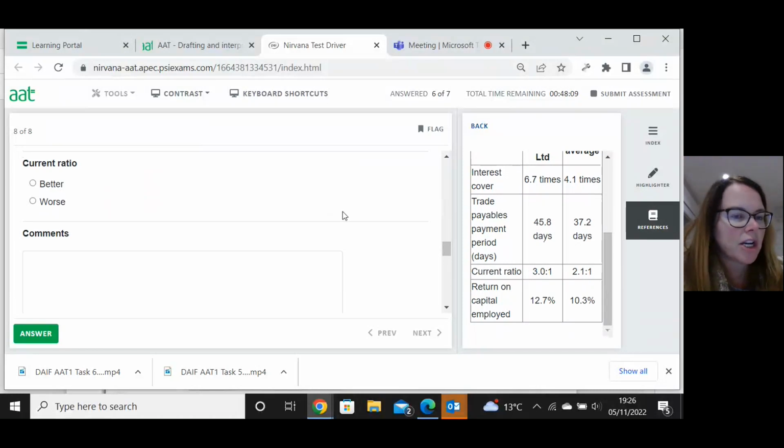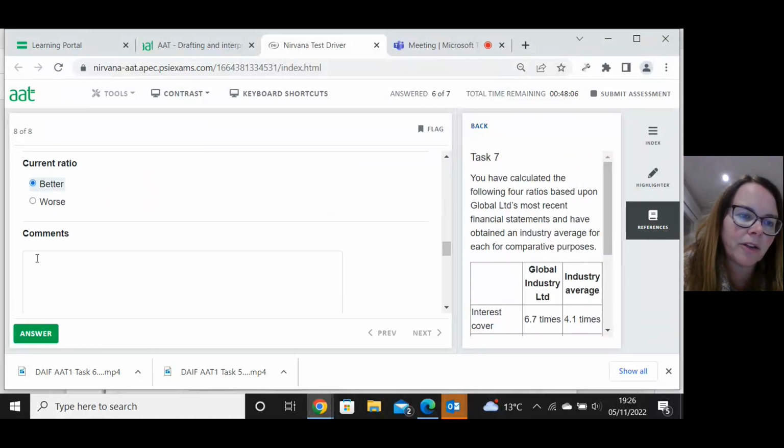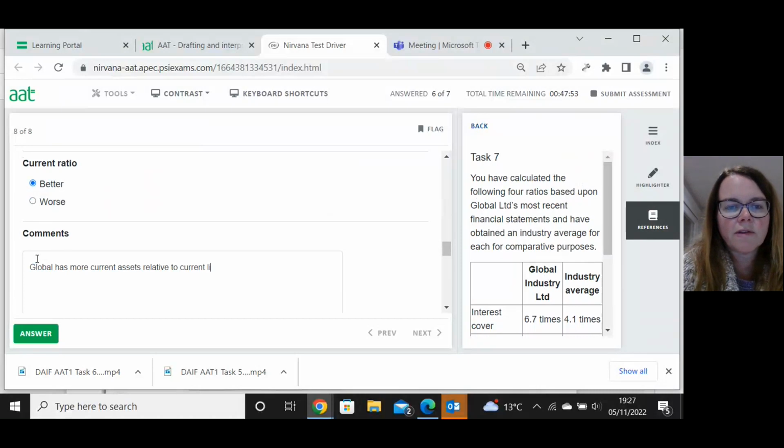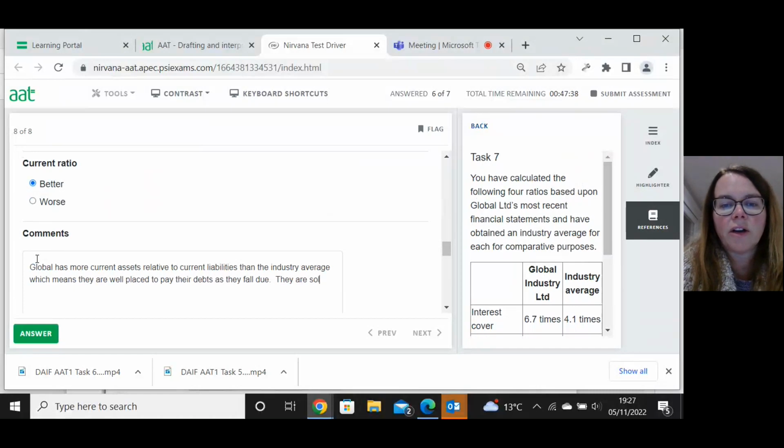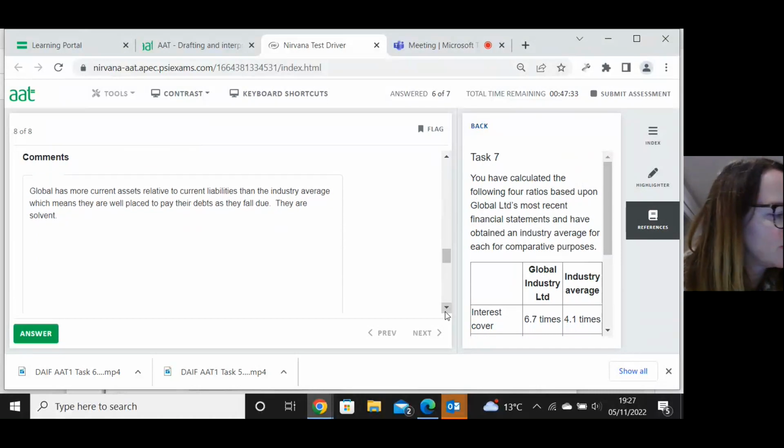So current ratio is better because Global has more current assets relative to current liabilities than the industry average, which means they are well placed to pay their debts as they fall due. They are solvent. All right, that word that they used that we said that we're most interested in.